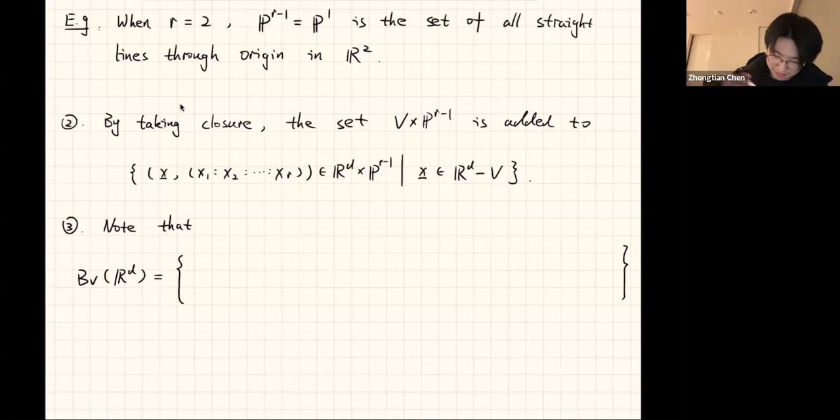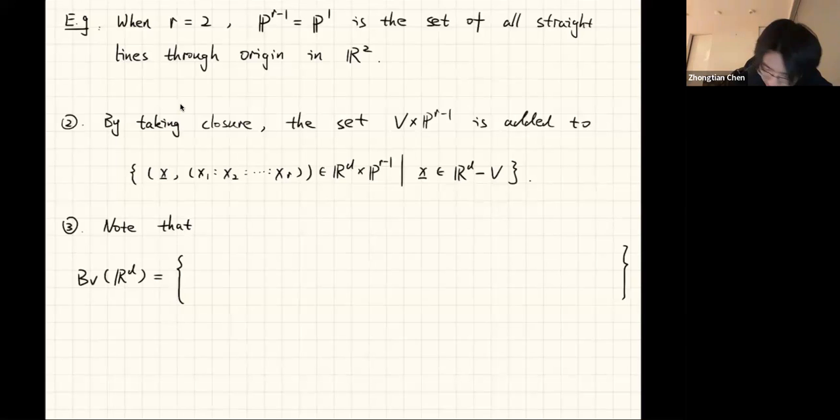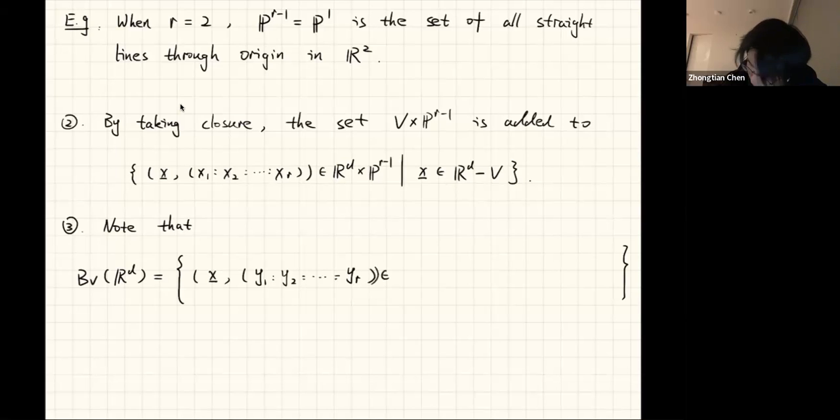Right. If you take this as your definition, you can show that we have a closed form for this blow up, which is the following. It just means any point in X and any point in the projective space. Unlike the definition, where the point in the projective space is determined by X, now it's not just an arbitrary pair.